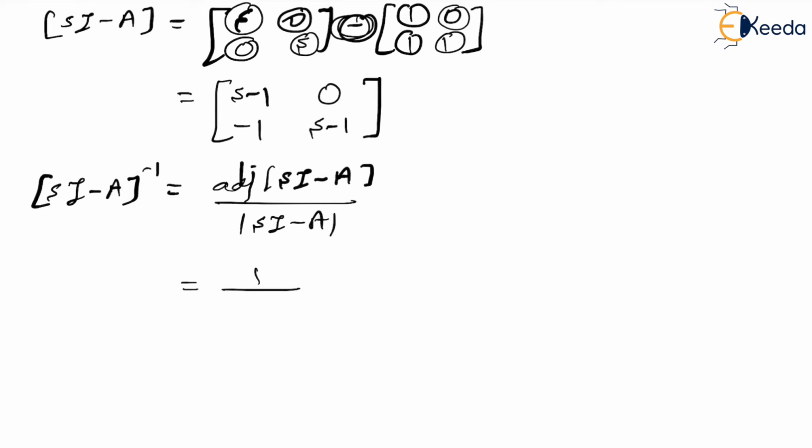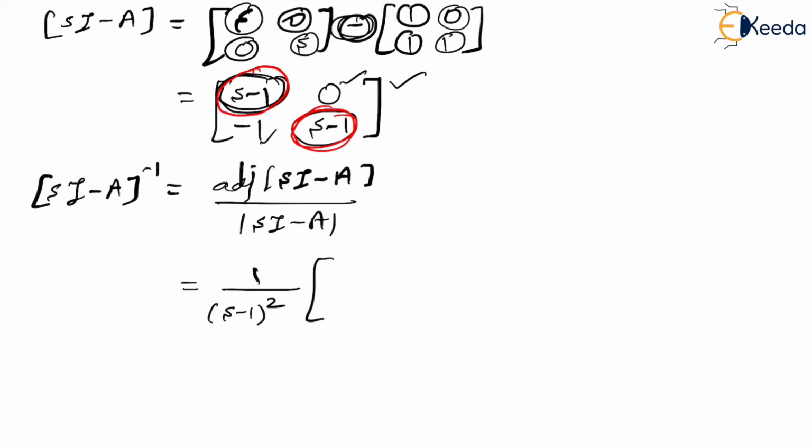It is (s minus 1) multiplied by (s minus 1), which is (s minus 1) whole squared, minus 0, because 0 into anything is 0. Now, what is the adjoint of sI minus A here? How to find the adjoint? Just flip the diagonal elements. These are the diagonal elements.